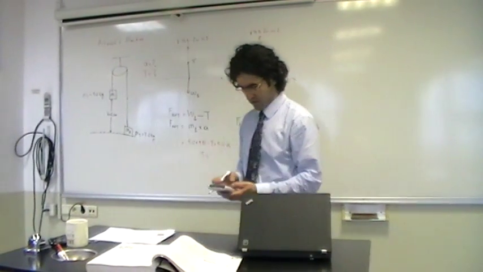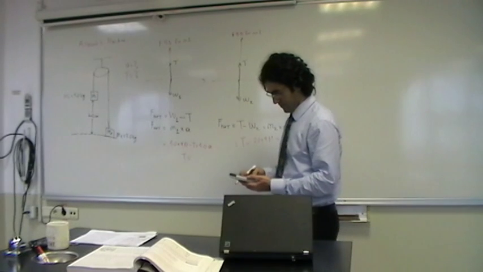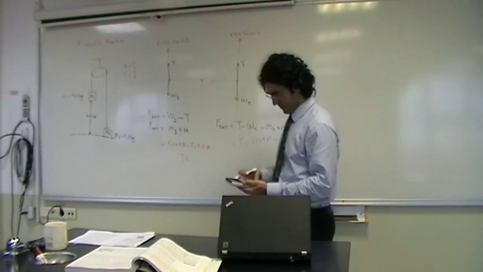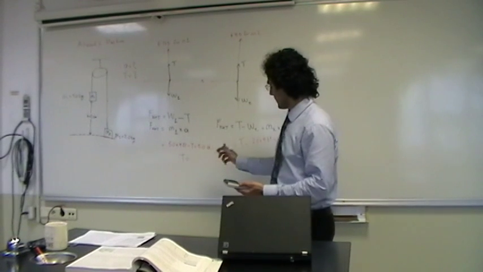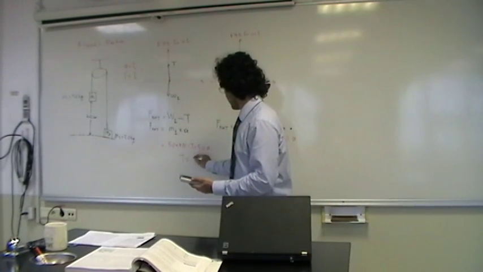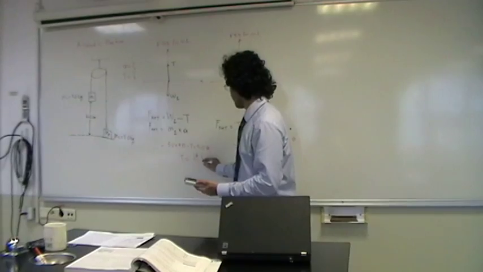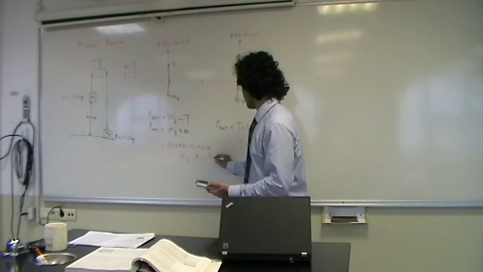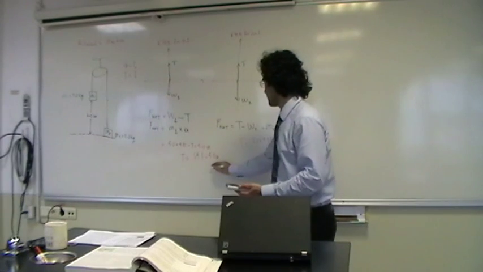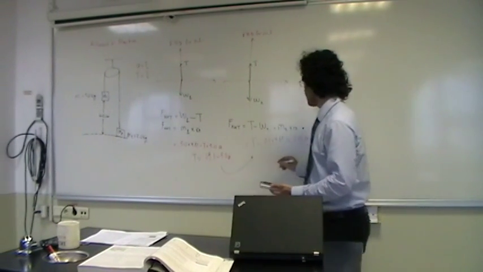Let's solve this with a calculator. 5 times 9.81, which is 49.1, minus 5.0a. I will insert this T over here right now.